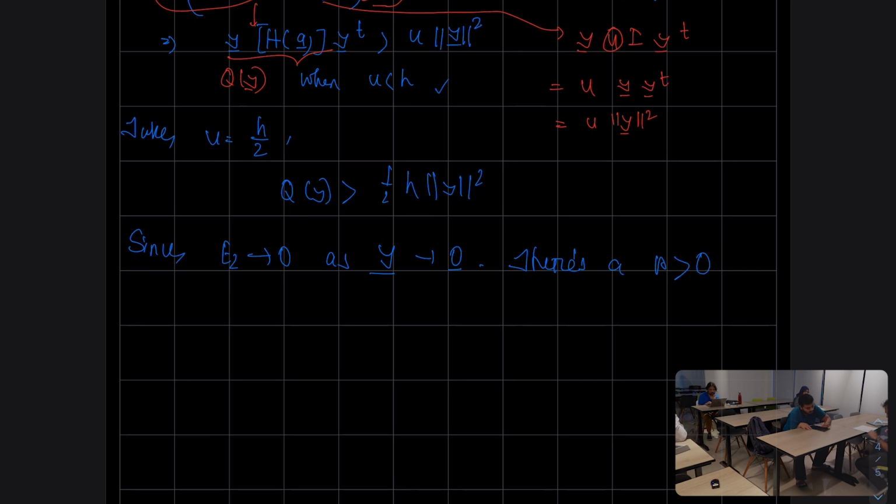There exists some r greater than 0 such that the E2 norm, well, in this case this is a real number so it's just the modulus, is at most h over 4. Can we do that?